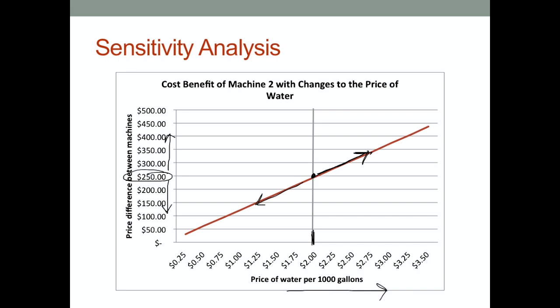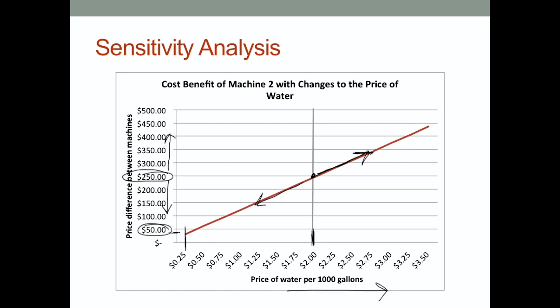But even if the cost of water decreased all the way down to 25 cents per 1,000 gallons, machine 2 would still be a better buy. We're still in positive values over the lifetime of the two machines.